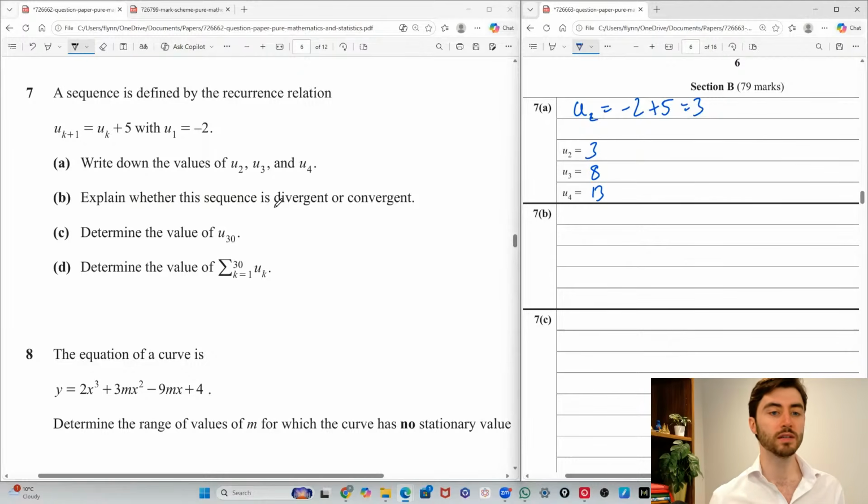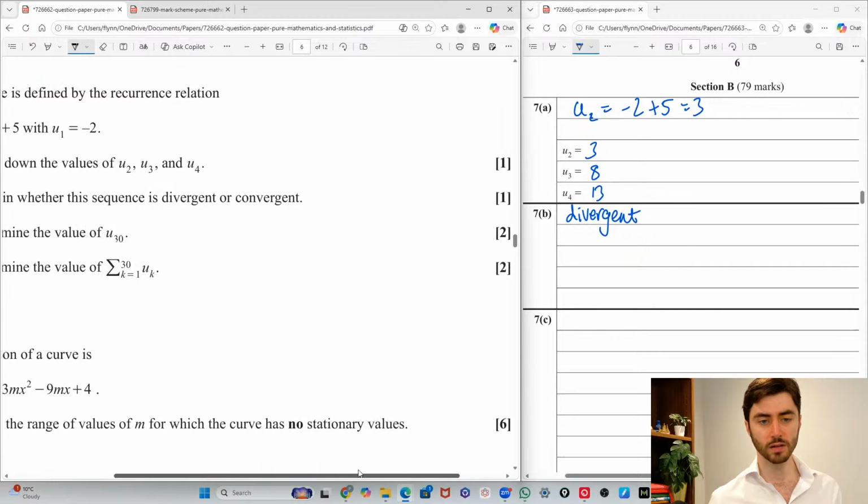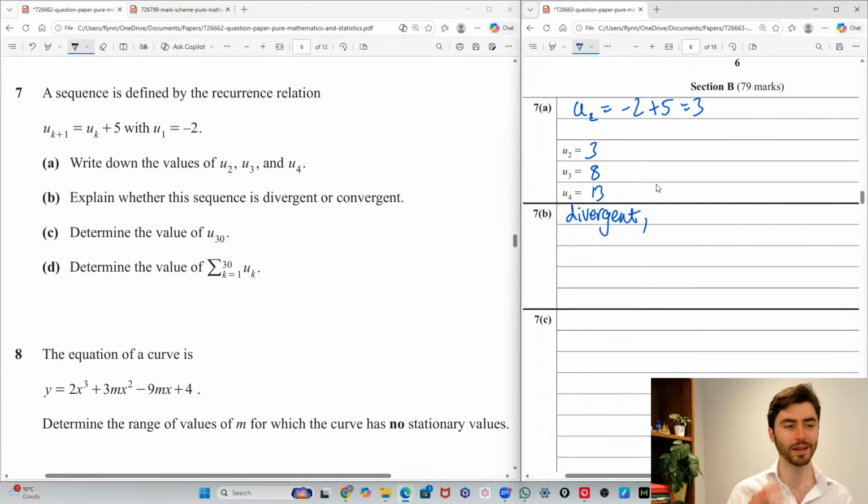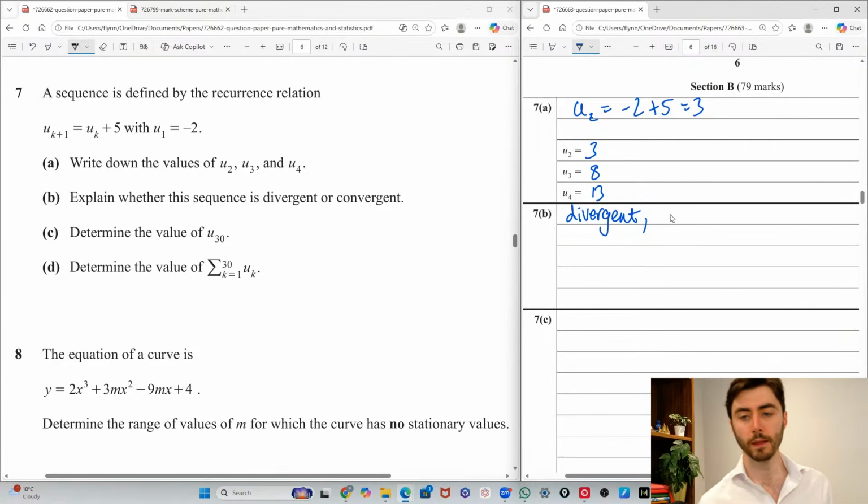Explain whether this series is convergent or divergent. It is divergent. And explain that it's divergent because the terms are not getting closer to a single value.